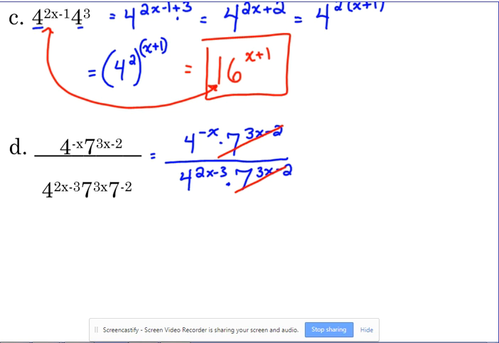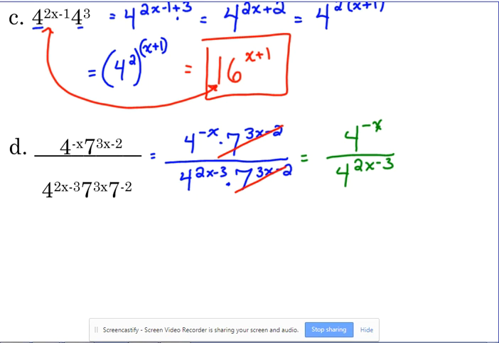Okay, so what do we do with the 4 to the negative x over 4 to the 2x minus 3? Okay, there are two different things we can do. We could fix the negative exponent, we can move that to the bottom, or we can subtract the exponents. I'm going to show you both ways and that they result in the same answer, okay?